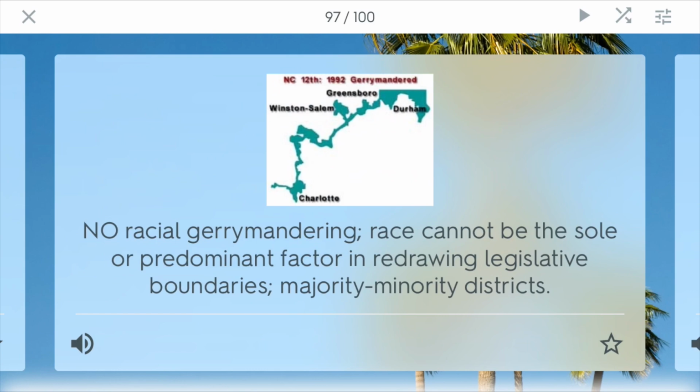Majority-minority districts like this, such as the 12th District, were no longer allowed, since they violated the 14th Amendment Equal Protection Clause. Specifically in North Carolina, this was a stretch along I-85 that had a primarily African American community, and so if they drew a district this way, they could sort of dilute the votes of the Democrats in this instance.